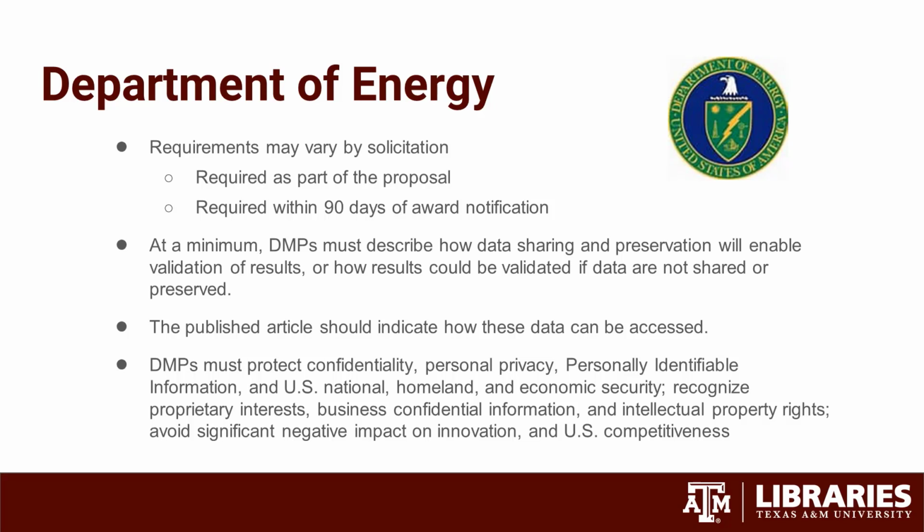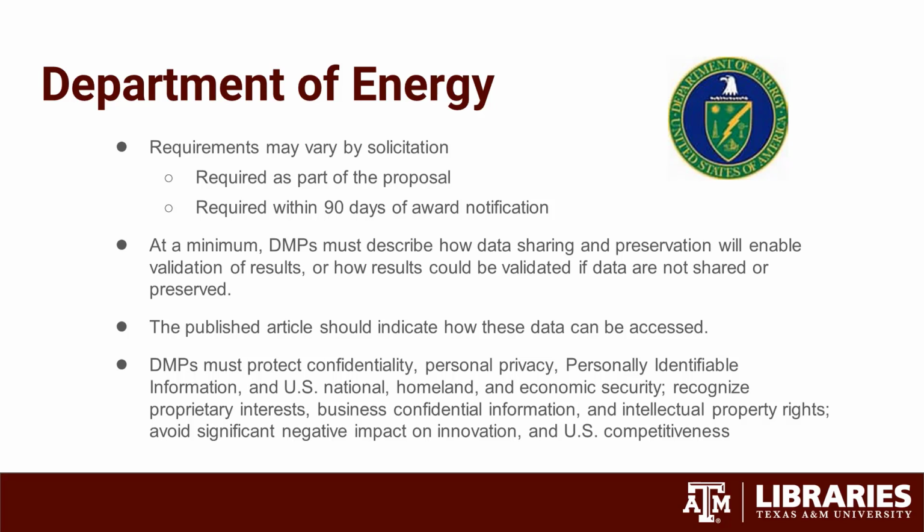When you publish an article, according to the Department of Energy, it should also indicate how the data can be accessed. So anybody reading that article will know where to go find the data. And with Department of Energy, of course, same as with education, if you've got some personal or privacy type information, you need to make that confidential or de-identify it.